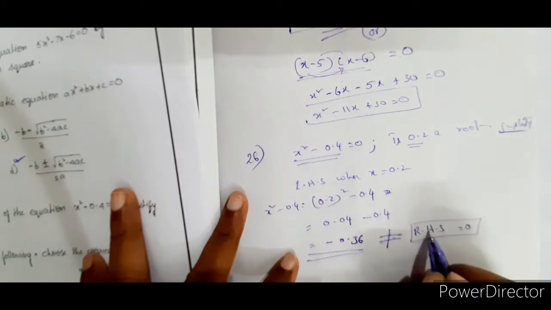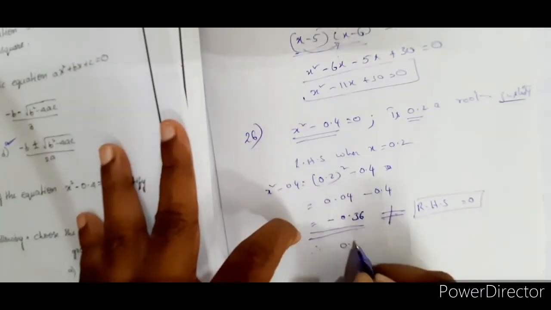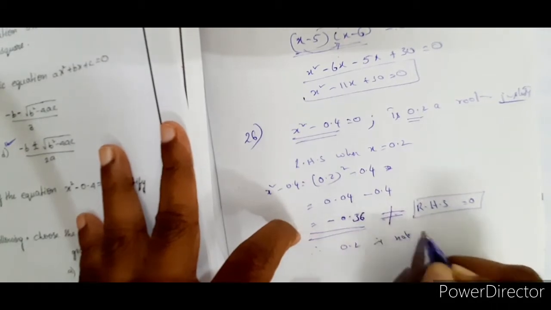This is not equal to the RHS, which is supposed to be 0. So therefore 0.2 is not a root.